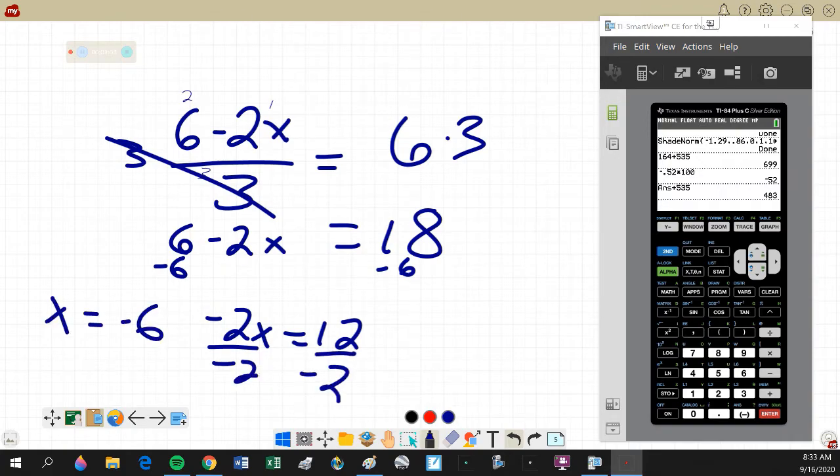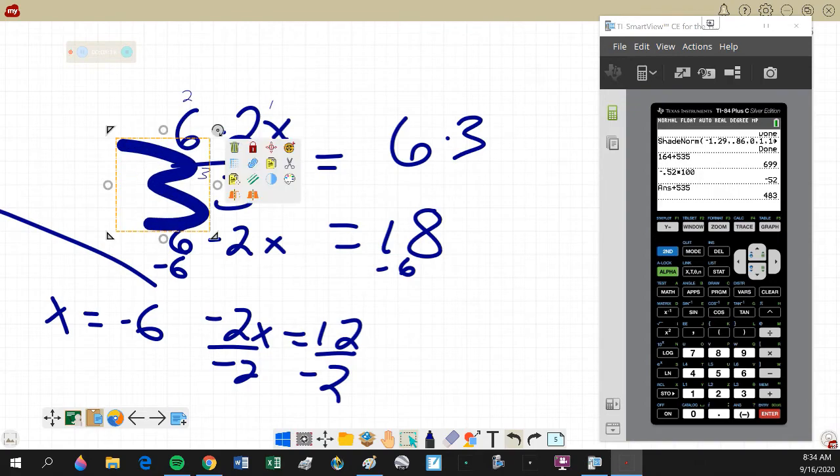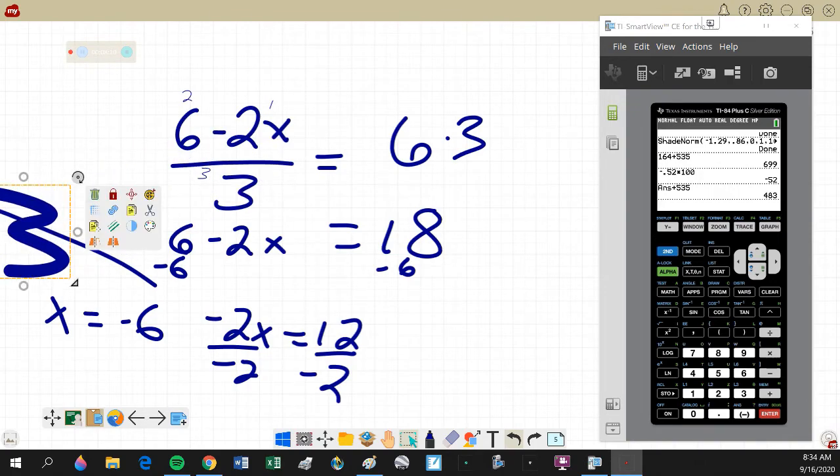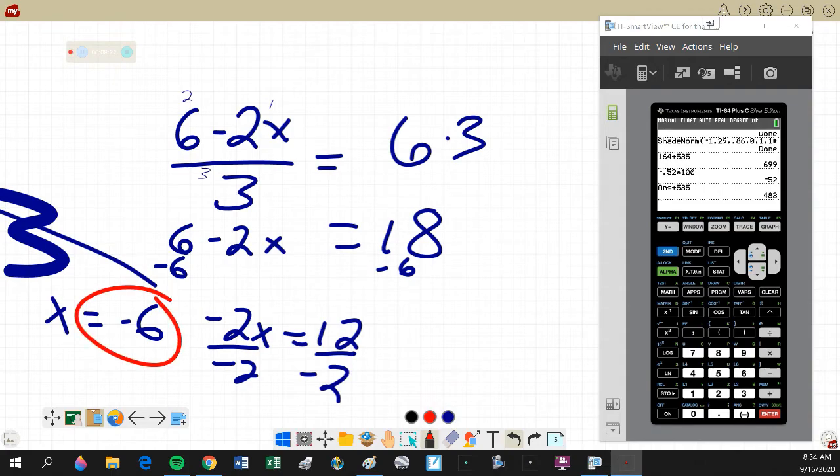And by the way, what does negative 6 mean in this equation? That's what x equals, but what does that mean? Right. If we go back to the original equation, negative 6 is the only value that I can plug in here and then end up with 6.